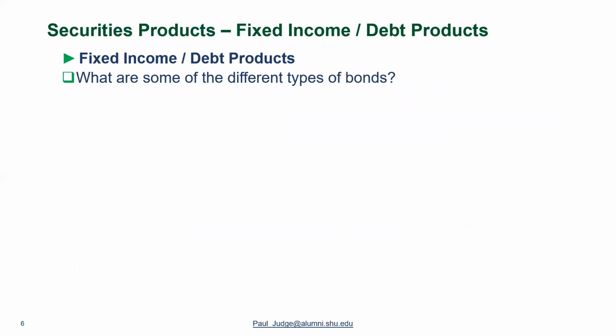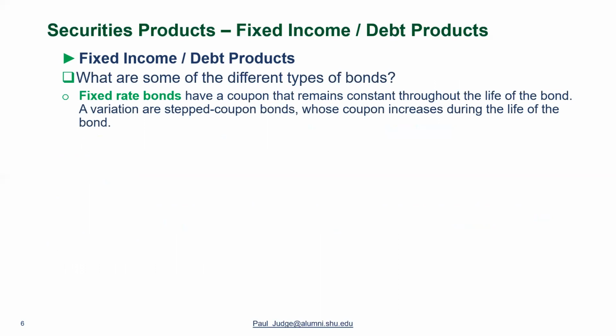So we're talking about bonds here. And I want to take a second to talk about some of, but not all of, the different types of bonds that are available in the market. So the first one we've kind of talked about a little bit, fixed rate bonds, right? Fixed rate bonds have a coupon or interest or dividend that remains constant through the life of the bond.